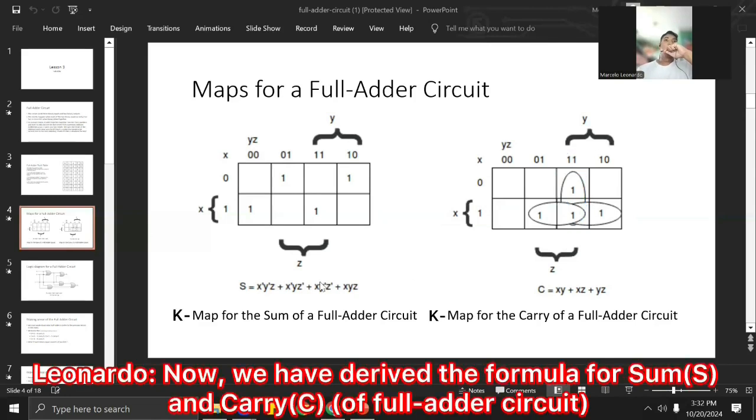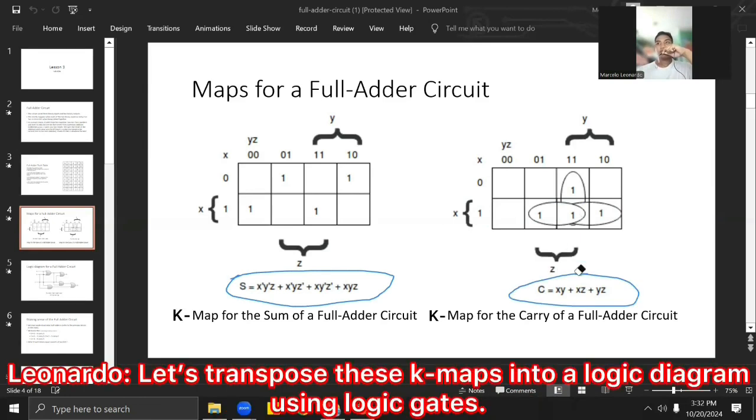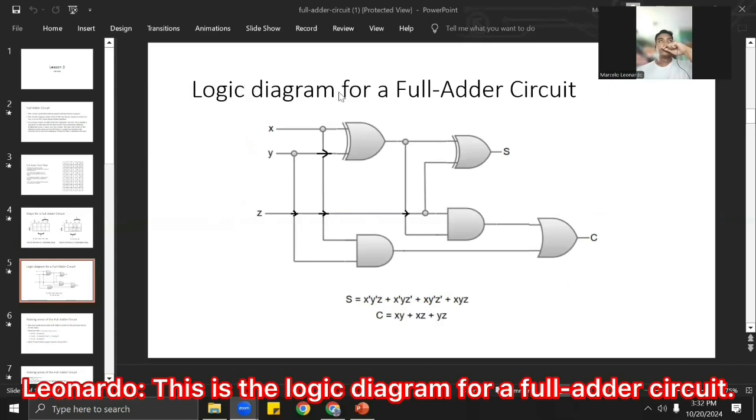So, ngayon, na-derive na natin yung equation ng sum tsaka carry. Ita-transpose na natin sila into the diagram using logic gates. Logic diagram for the full adder circuit.